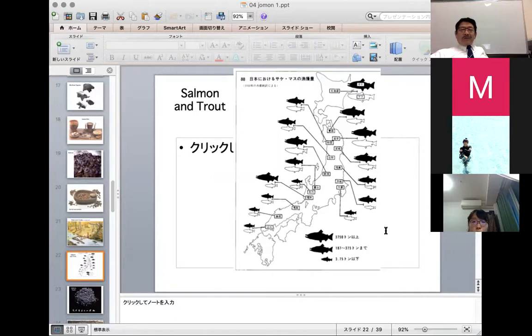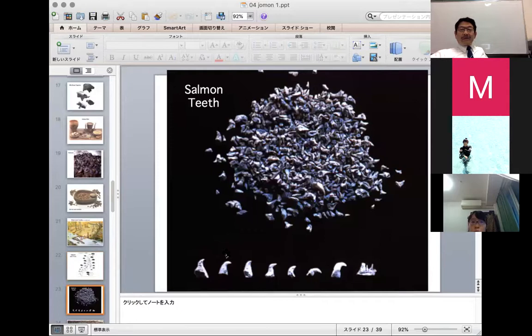And there should be more reasons to it, but still, they were using a lot of marine and river resources too. And these salmon teeth were found from an incipient Jomon, very early Jomon site in Tokyo.